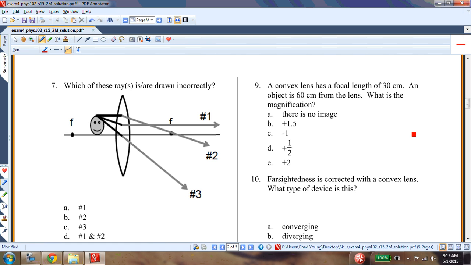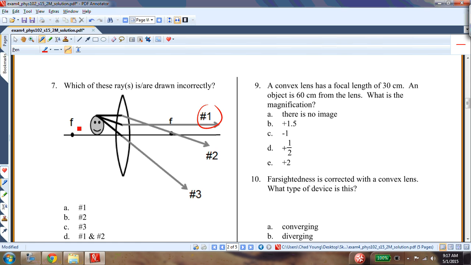Which of these rays is drawn incorrectly? Okay, so it looks like it's just going to be ray number 1, because this ray should go through the focal point.